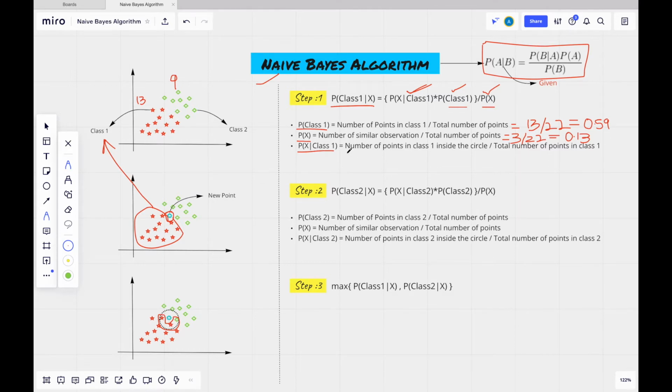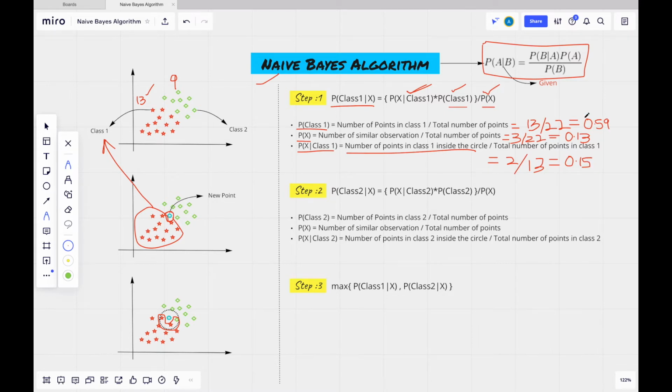The total number of points in class 1 is 13. So this will be equal to 2 divided by 13, which is about 0.15. It is an approximate value I am taking.